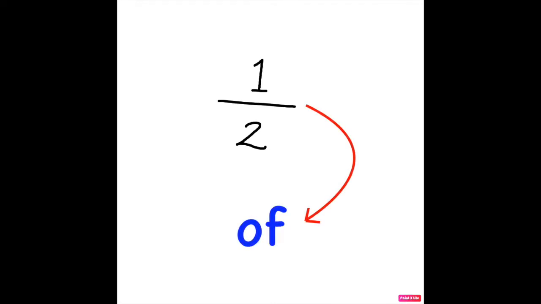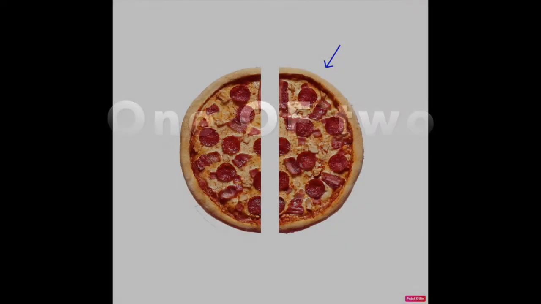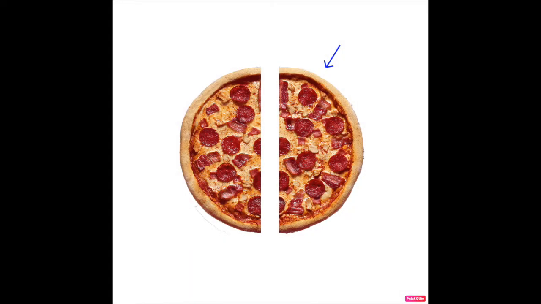This is because each part of the pizza is one of two equal parts. This side is one of two equal parts, and this side is one of two equal parts. And the most important thing to remember is that each part must be equal. Otherwise, it is not a fraction.